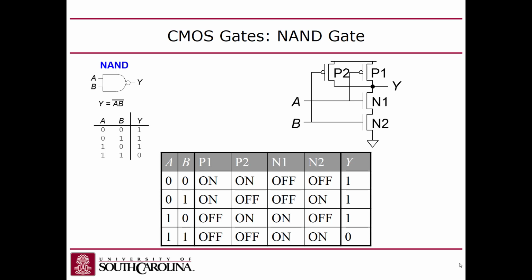So that would be C, not A, not B, C, right? And then not A, B, C, right? So that's this row, 0. This row is 0. And then A, not B, C, there we go. And then, as long as you've got A and B, right? And C would be a don't care. You guys remember that? Okay.